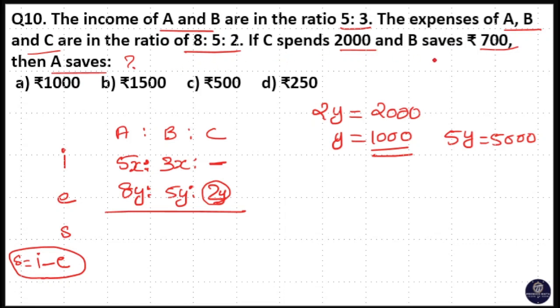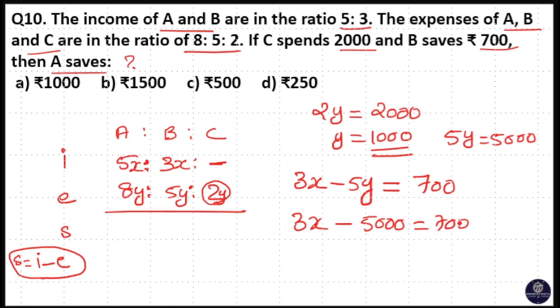Here B saves 700. That means income minus expenditure is equal to savings. 3x minus 5y, B's saving is equal to 700. Here 3x we don't know the value and 5y is equal to 5000, so that is equal to 700.